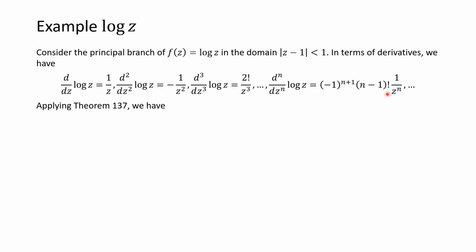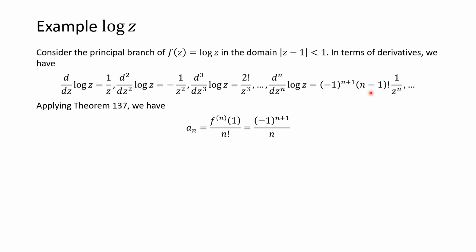Then we apply our theorem for finding a Taylor series. And since we're evaluating the series centered at 1, we plug in 1 into this formula, and you get 1 to the n, which is 1.